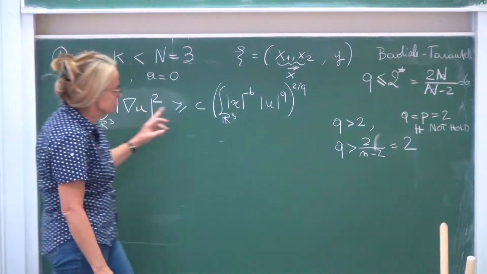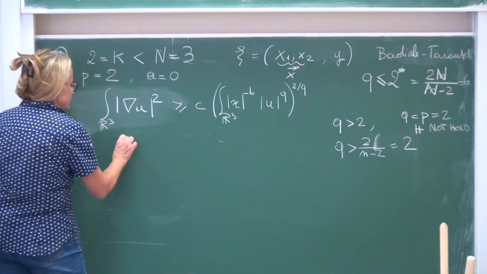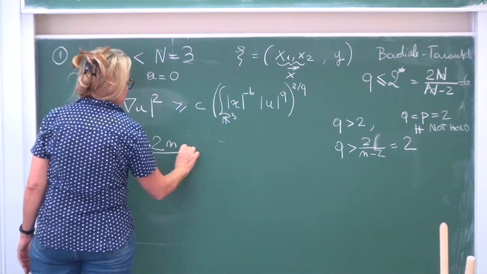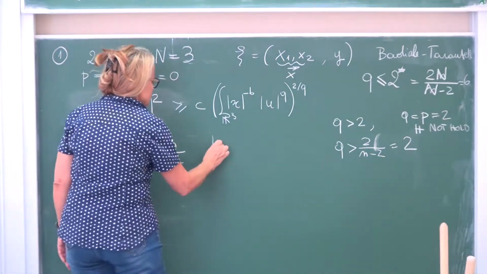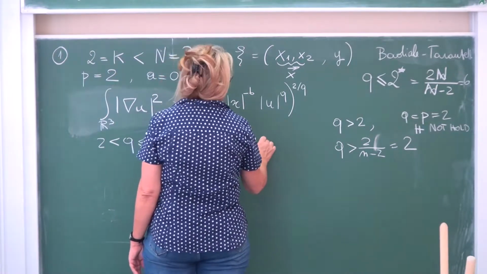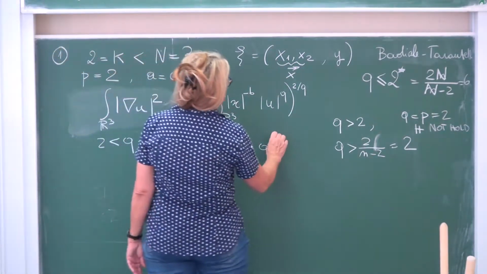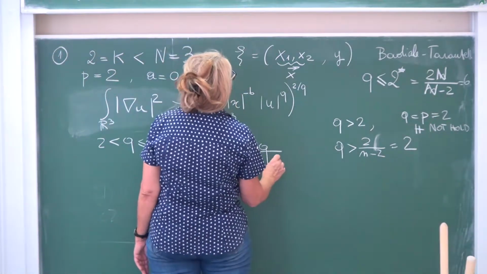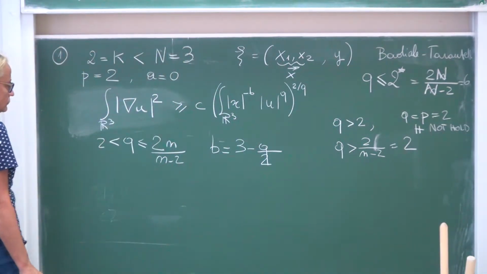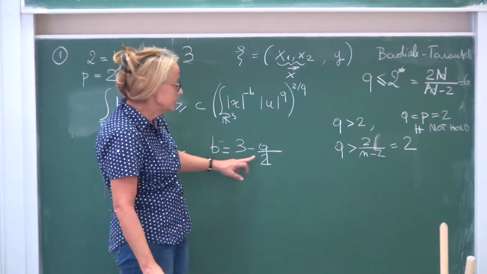Nevertheless, this Sobolev type inequality holds for any Q greater than 2 and smaller or equal than 2n over n minus 2. What is B? B is equal to 3 minus Q over 1 plus Q over 2. Of course, when Q is the critical Sobolev exponent, then B is 0.